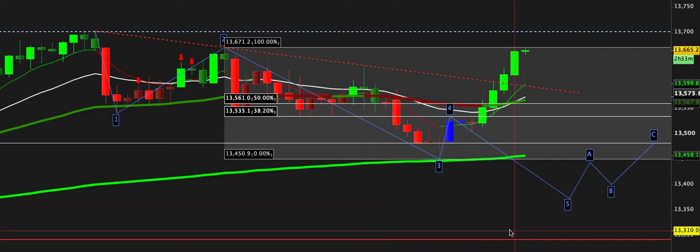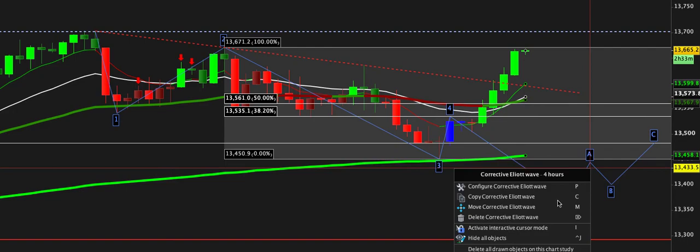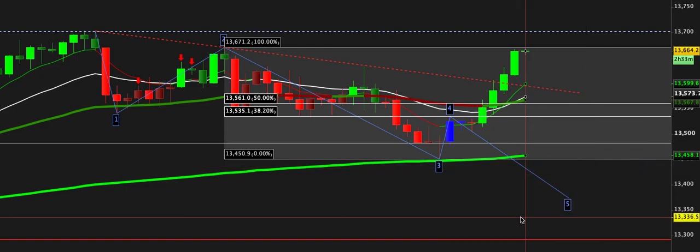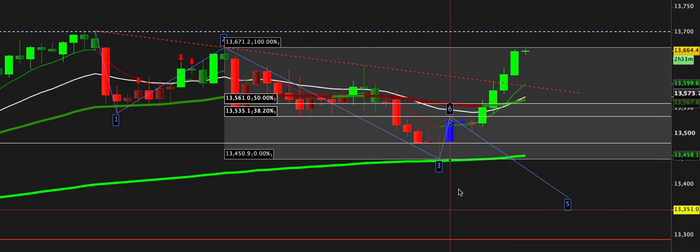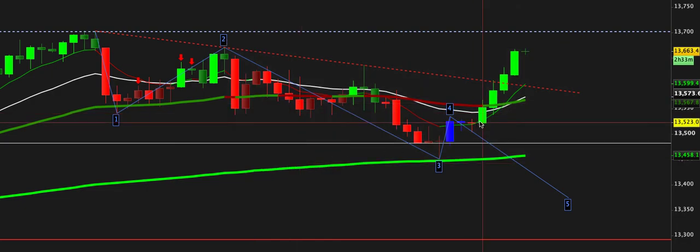That's what we would look for. But of course this didn't happen, and just to stress the importance of the fundamental news, that was what dictated this move, the pound dollar move being bullish, and that's why we went long on it today, and I've made some decent profit.